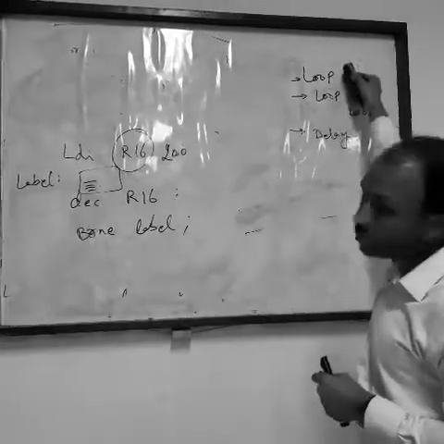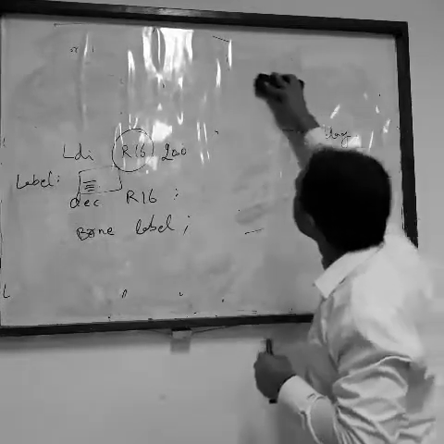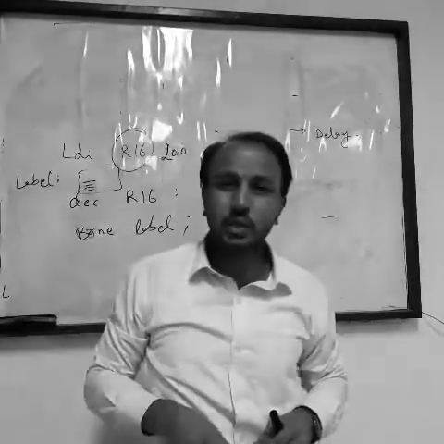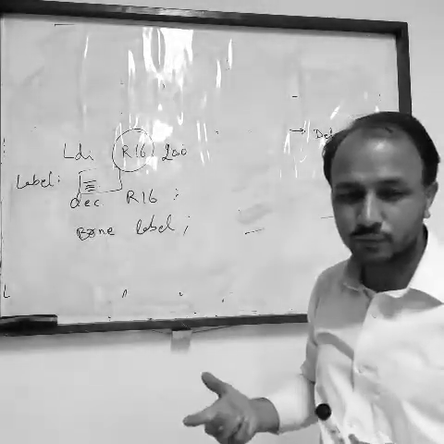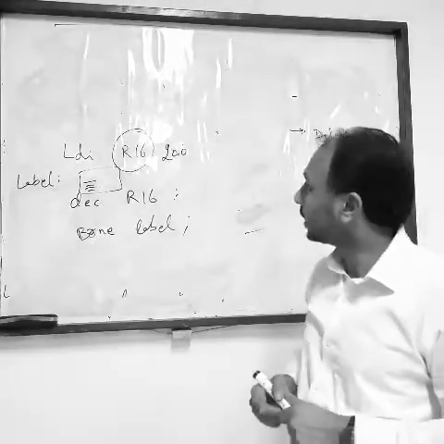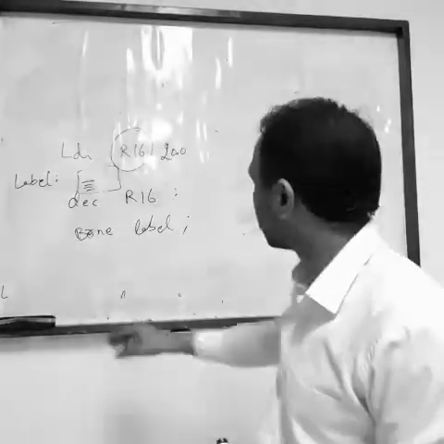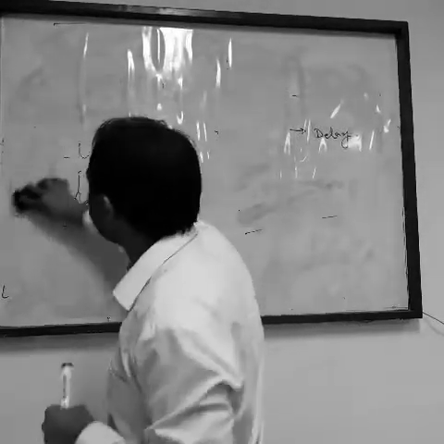We have studied loop and loop inside loop. Now we are going to see how we can use a loop for delay. What is delay, first of all? Delay is when you want to do some work after some time.